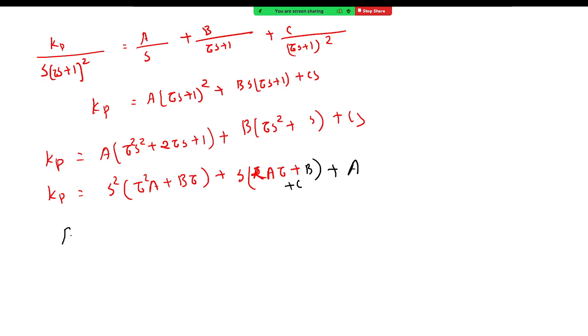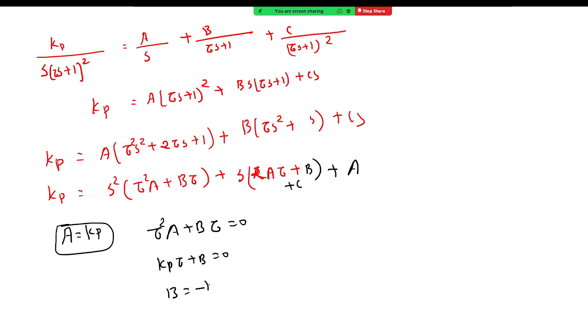Right? So you have got the value of A is equal to Kp, and tau square A plus B tau is equal to 0. So tau A is equal to Kp, so Kp tau plus B is equal to 0. So you have got the value of B is equal to minus Kp tau.